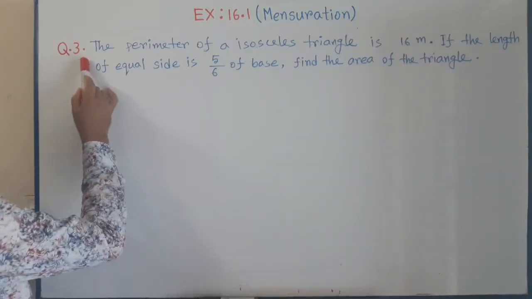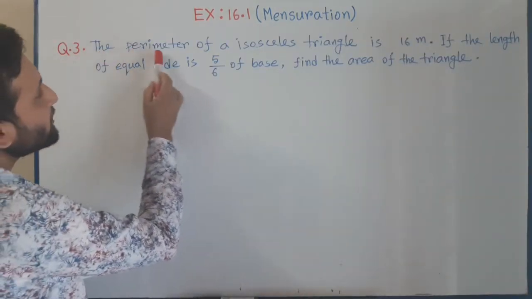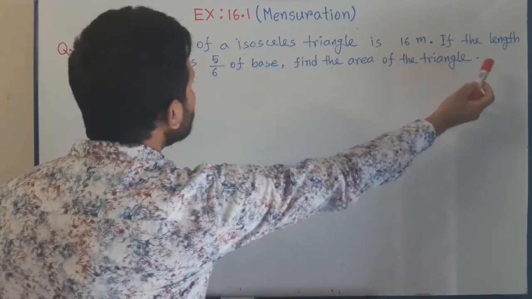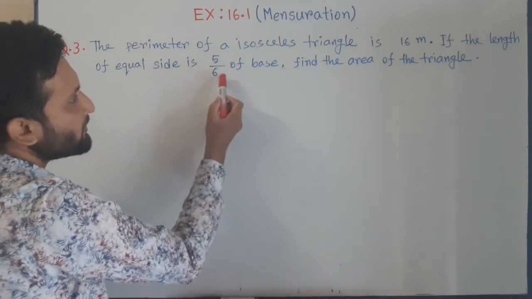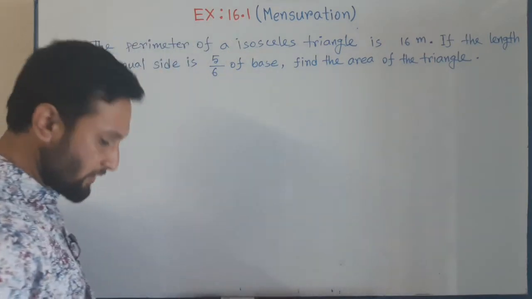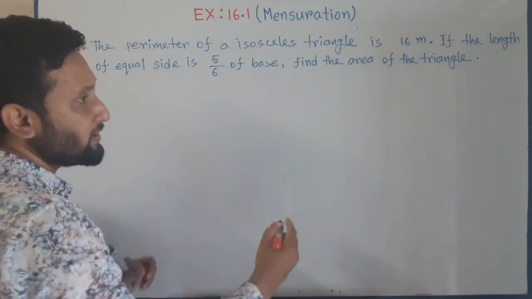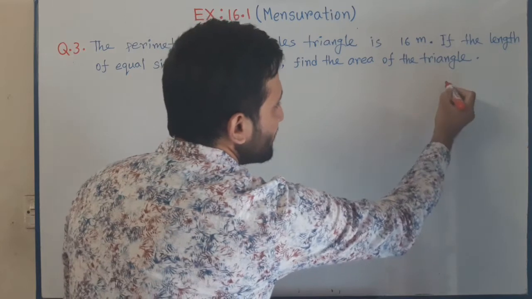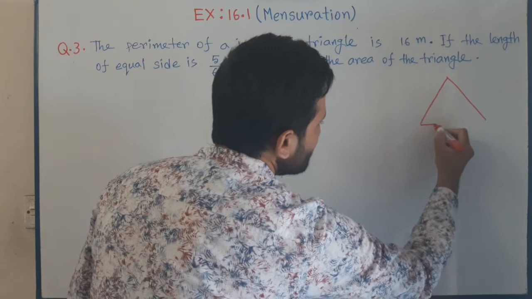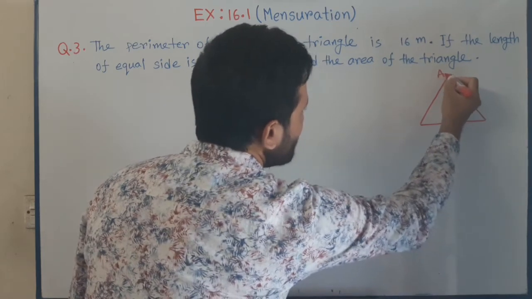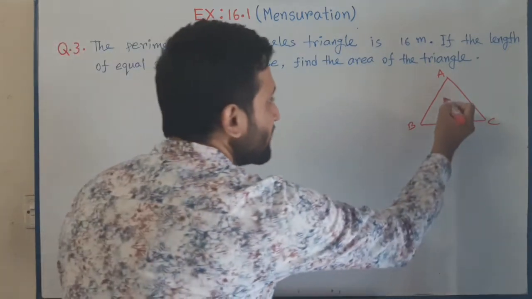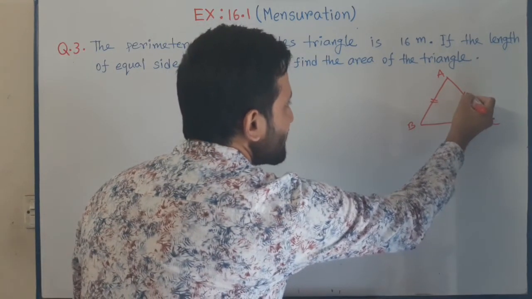Now question 3. The question is, the perimeter of an isosceles triangle is 16 meter. If the length of the equal side is 5 by 6 of the base, find the area of the triangle. So to solve this question, at first draw a figure. Suppose ABC is an isosceles triangle where two sides, AB and AC, are equal.